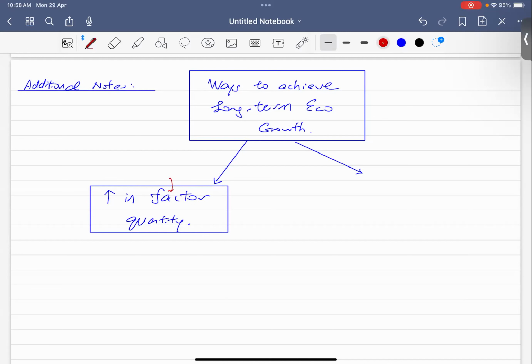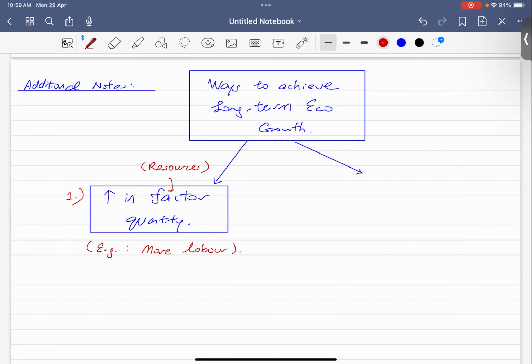Factor means my resources. Like for example, when you have more labor, more workers, so you are able to produce more.